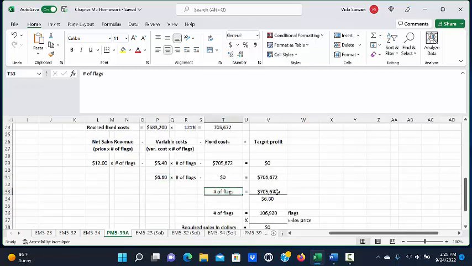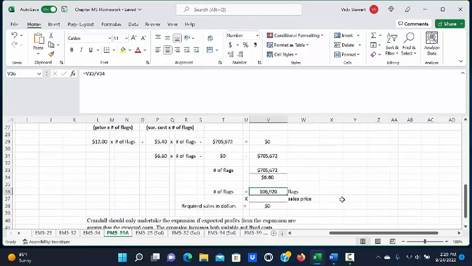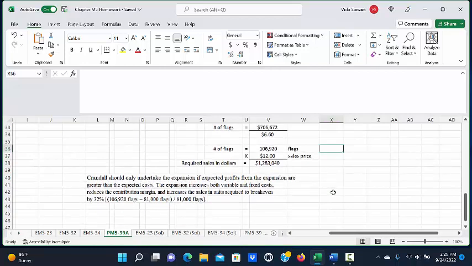So to determine the number of flags to break even, we take our fixed cost of $705,672 and divide it by the contribution margin of $6.60. So Crandall now would have to sell 106,920 flags in order to break even, and the sales dollars, multiplying each of those by $12, would be $1,283,040.